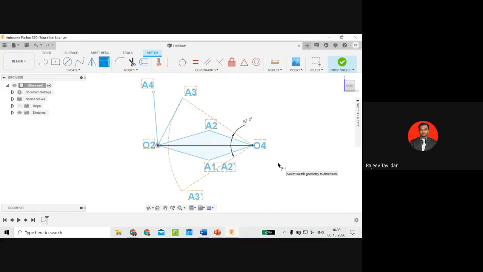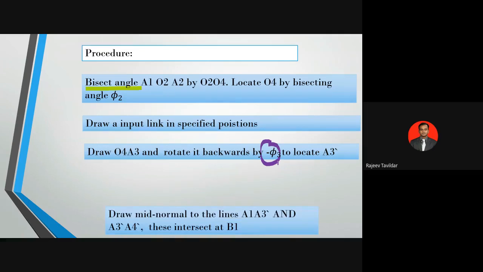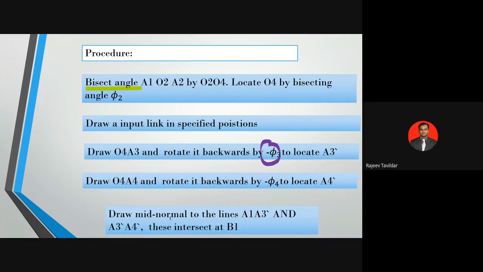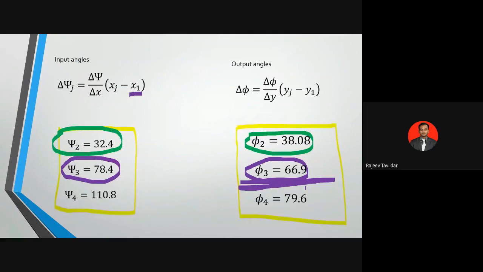Are you done till here? Yes, sir. We will go to the next step. We need to draw one more ray, that is O4 A4, and I need to rotate it backwards by minus phi 4 so that I can locate A4 dash. What is the value of phi 4? 79.6.